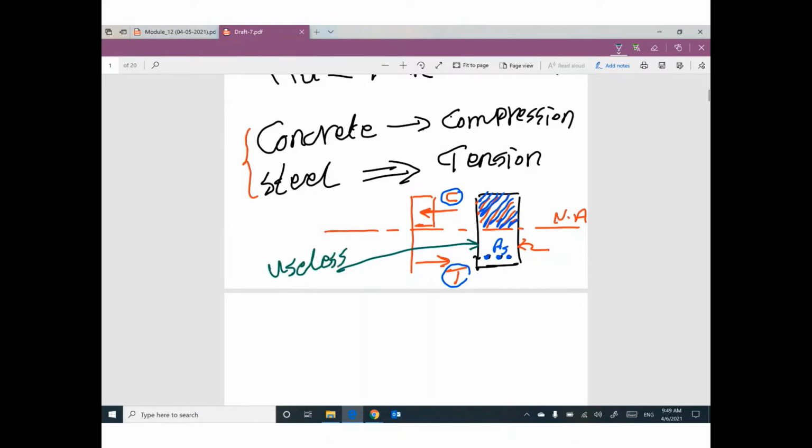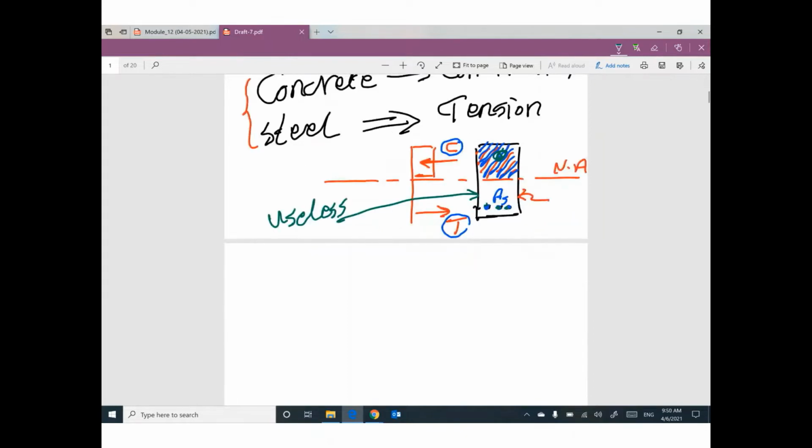No contribution to the strength of the cross section. Actually, we have another function for this concrete, keeping this reinforcement working with this part of the concrete. It's not our part right now, but the concrete below the neutral axis is cracked, useless, does not work, does not contribute to the strength of the cross section.